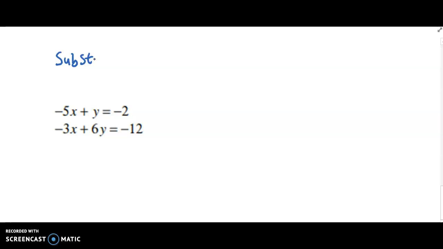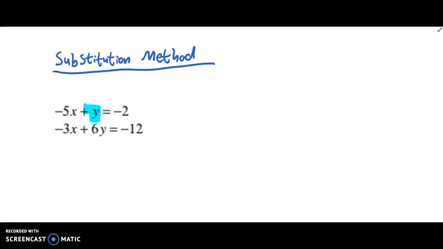I also see that y is by itself right here, telling me it's going to be easy to find out what y is and substitute. So when we're substituting, we want to get one variable by itself and then plug that in to the other equation. I'm going to rewrite this.